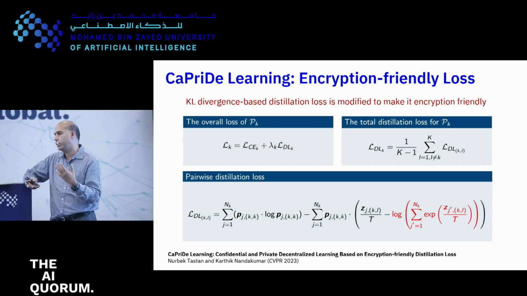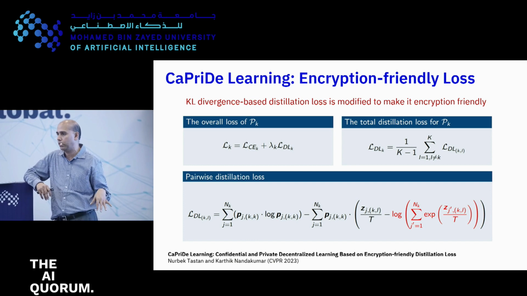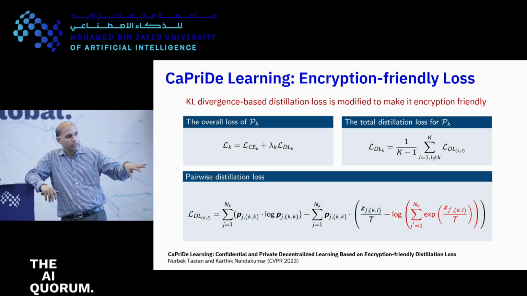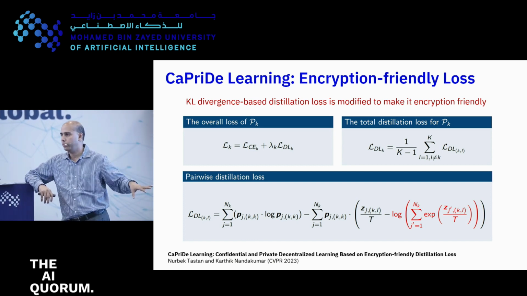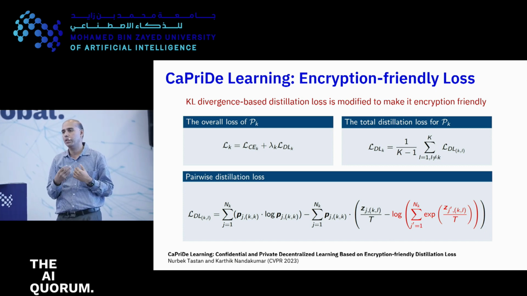You can do additions and multiplications, but it's very difficult to do nonlinear operations like exponential and log. So we show that some of these terms can actually be approximated. Actually, you can remove them completely, or you can approximate them. That allows you to compute the loss in the encrypted domain without sharing any private data.